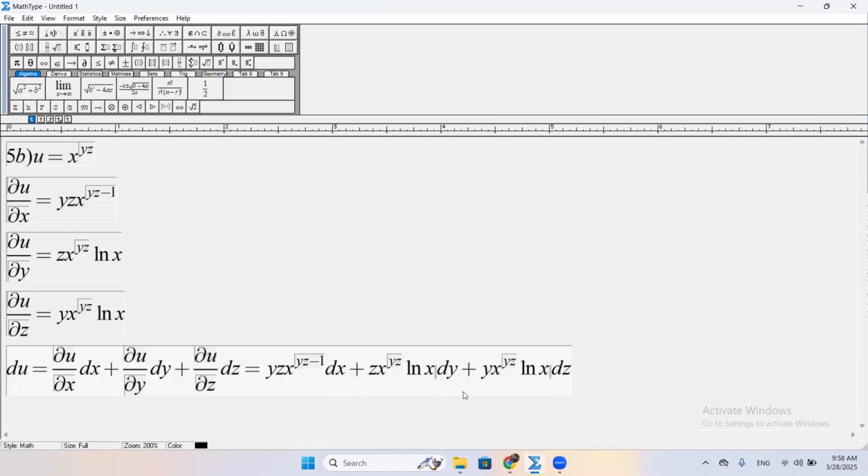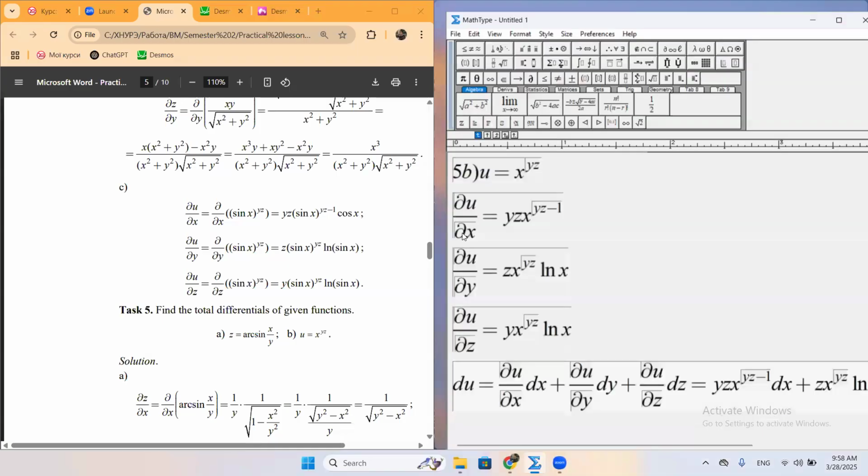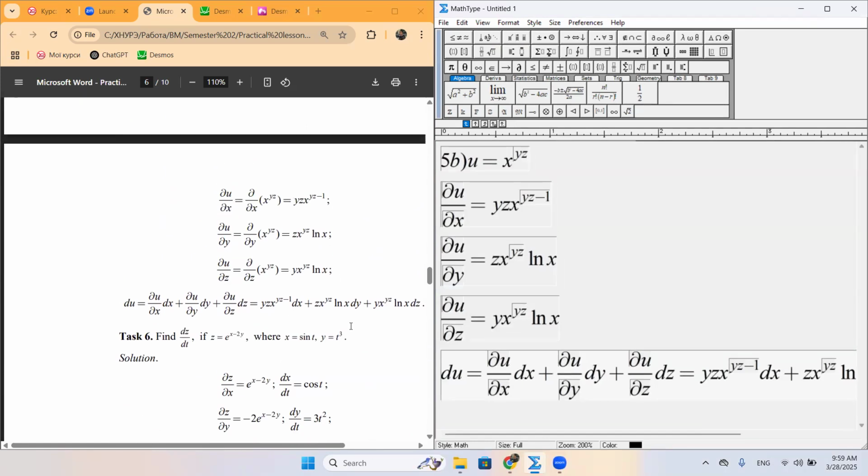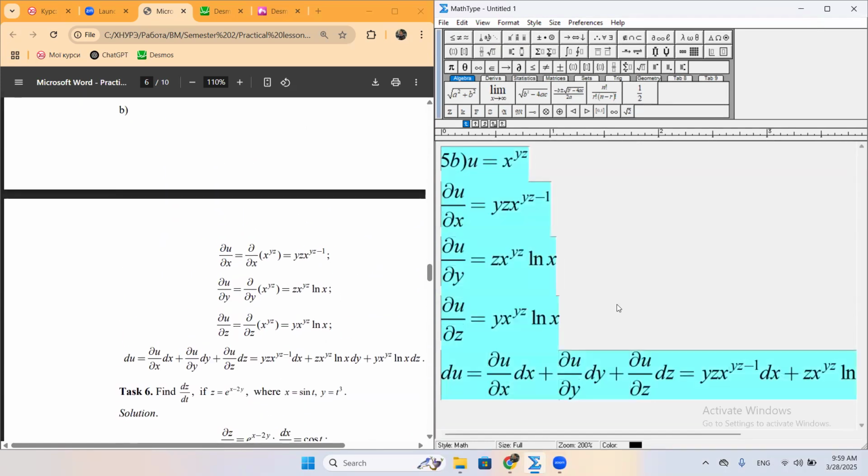So the total differential is found. Any questions about this exercise? No. Okay, if no questions, let's move next. And here is the task for the total derivative.